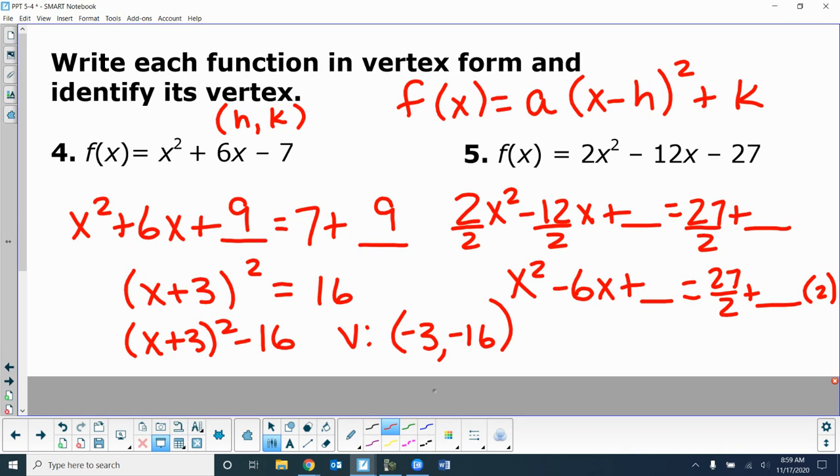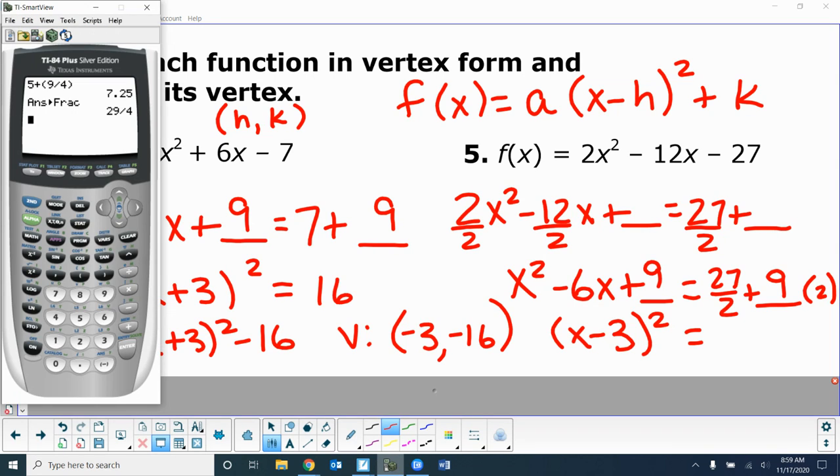All right? So this is X minus, oh, I gotta put what here, sorry? 9. Half of 6, 3 squared, 9. All right, so that's X minus 3 squared. Okay? And that's an 18, right? So 27 halves plus 18.